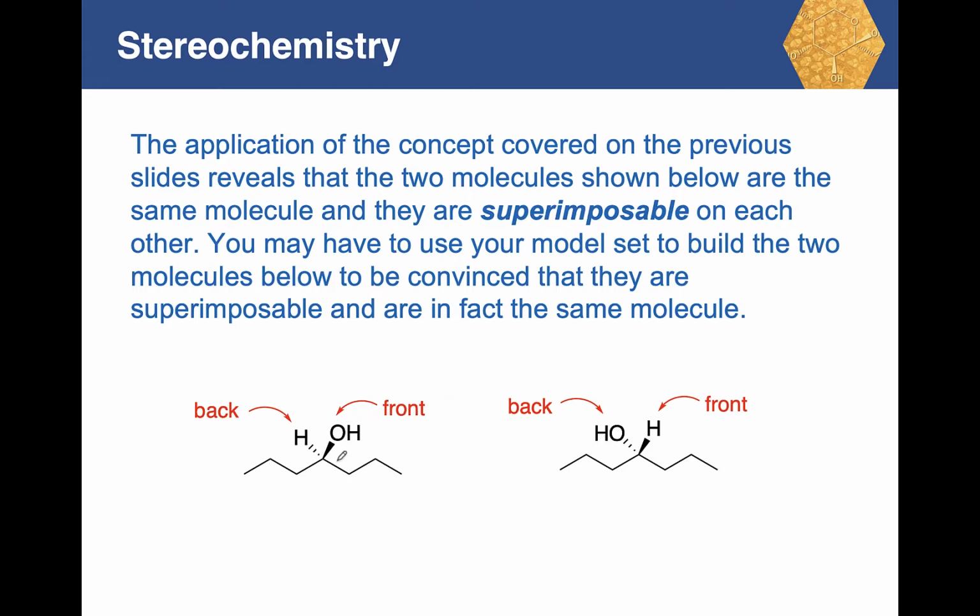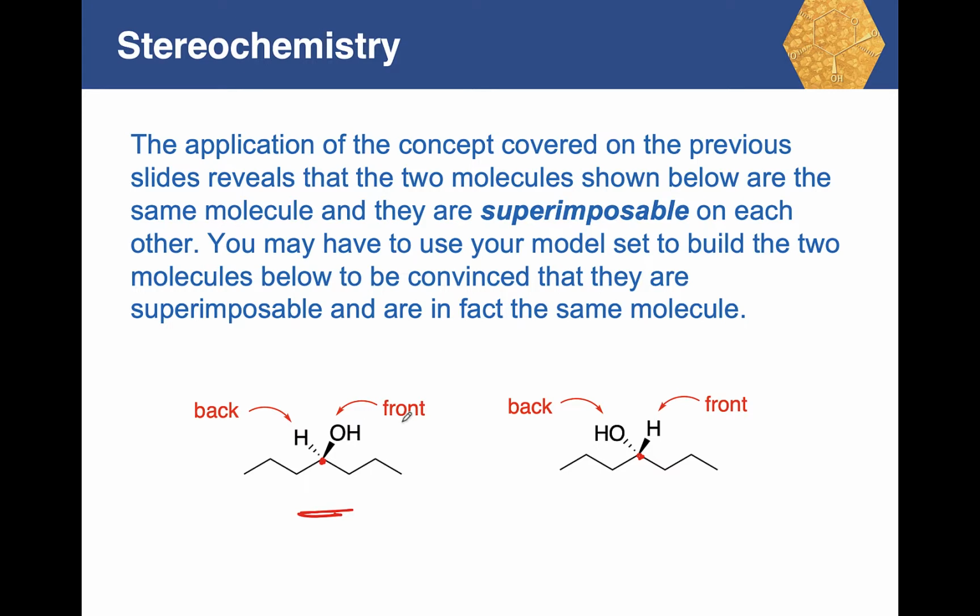So here is the same molecule. This carbon here has an H, an OH, a propyl, and a propyl. The same carbon has a propyl, an H, and an OH. Bottom line is the hydrogen is in the back in this molecule, whereas now it's in the front.